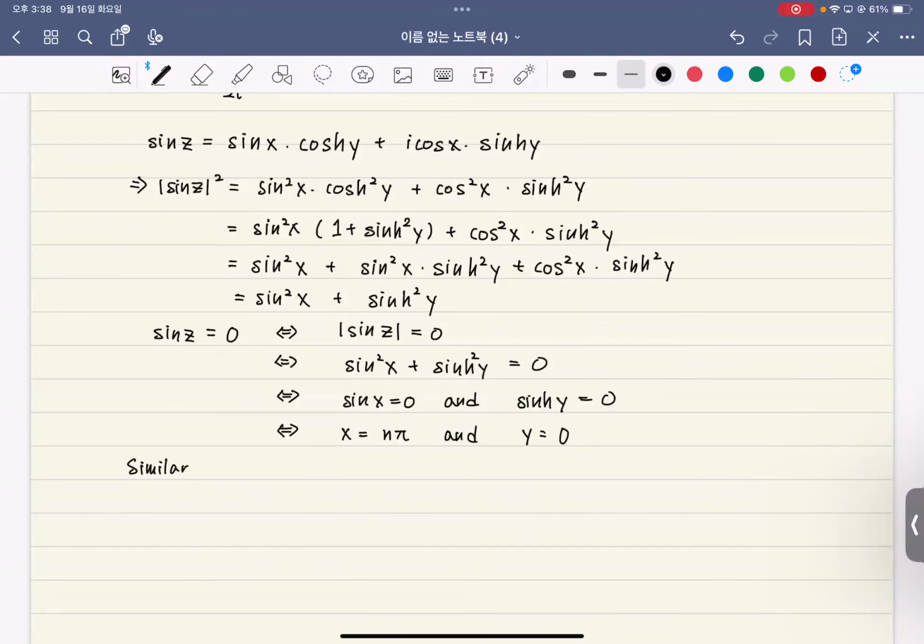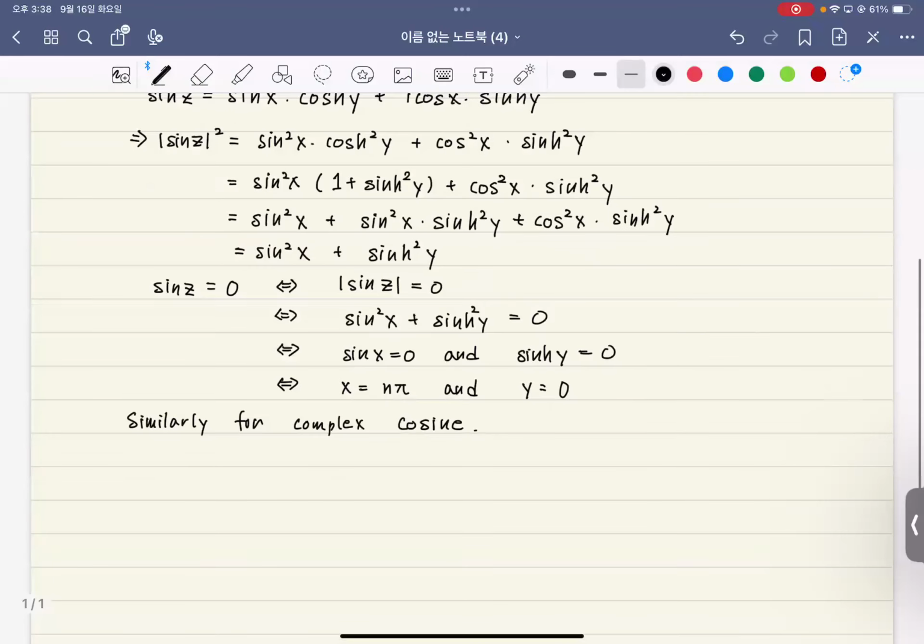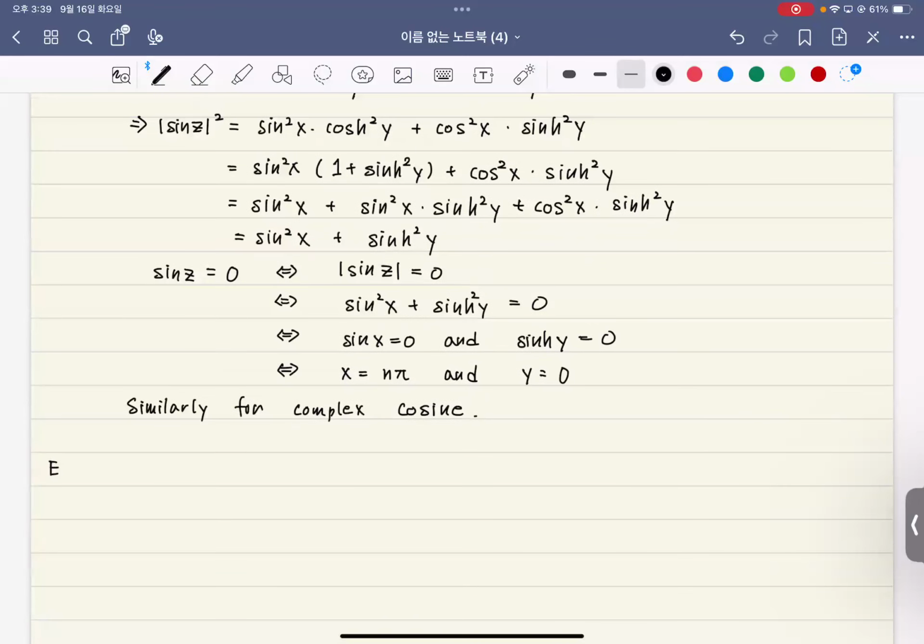So I will leave it as an exercise for the complex cosine function. These are a couple of exercises.